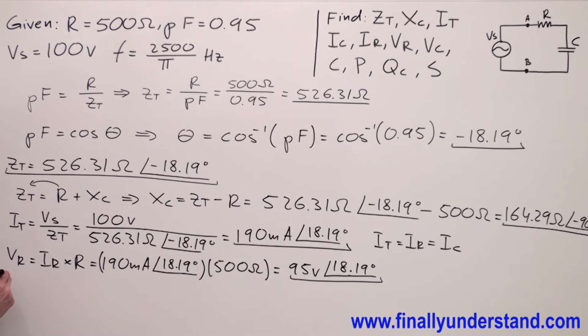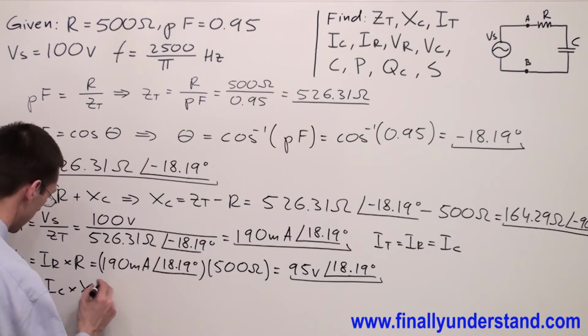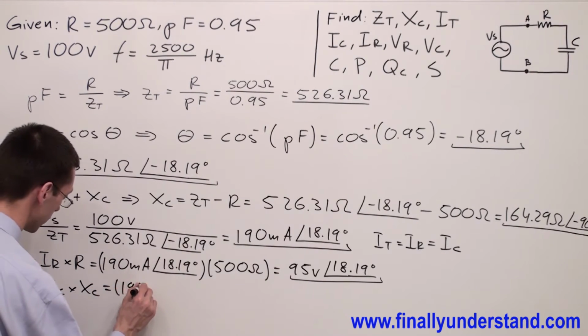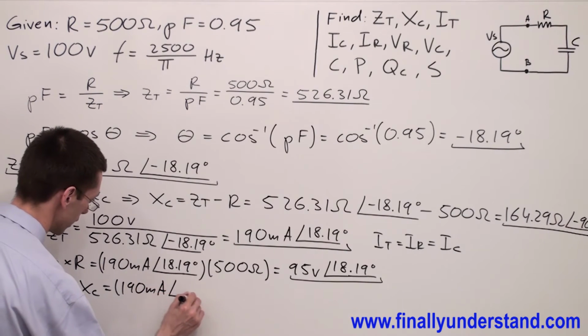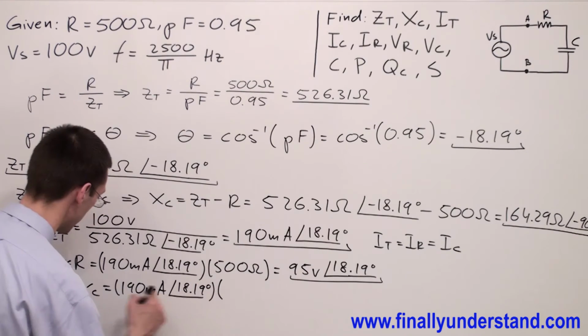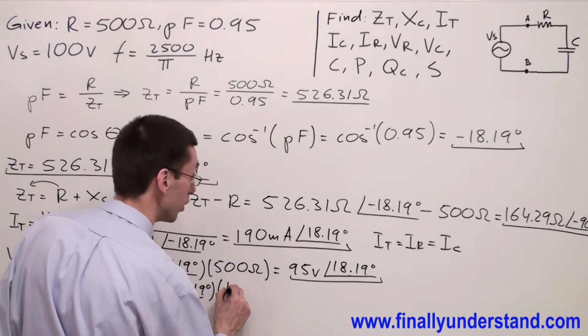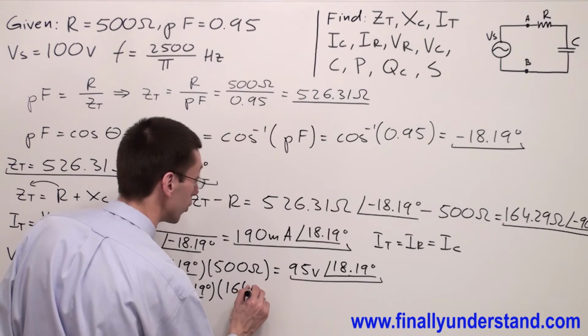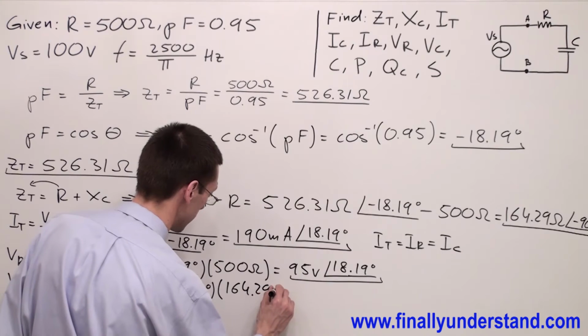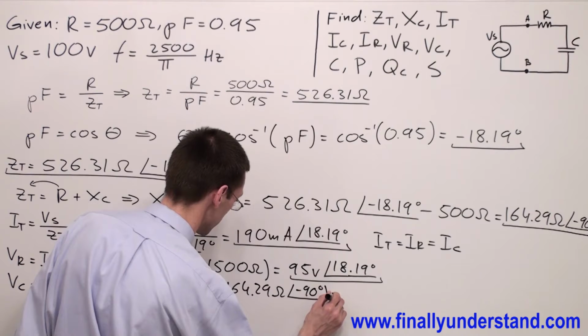If you want to find voltage across the capacitor, simply multiply IC times X of C, where IC is 190 milliamps and angle of 18.19 degrees times X of C, and we found X of C is equal 164.29 ohms and angle of negative 90 degrees.